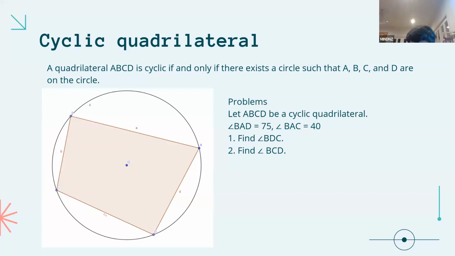So now we have a few problems. Alright, ABCD is cyclic, and BAD is 75, and BAC is 40. I'll write the question on slide 7 of the Jamboard if you guys can't see it that clearly.